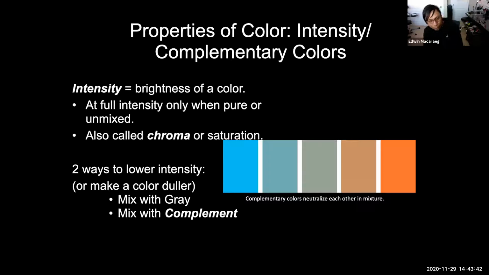But if you add orange instead to lower the value, it keeps the vibrancy up a little bit. So experiment with mixing. I try not to use a lot of black when I mix, actually. I try not to use a lot of white as well, unless I'm going for highlights, and you almost always have to use white.